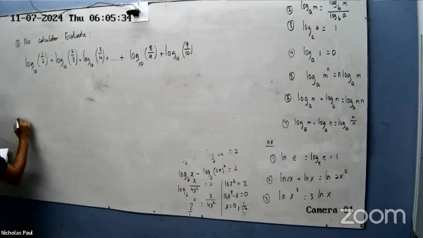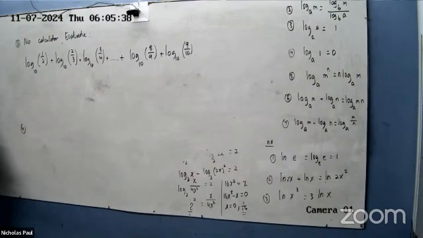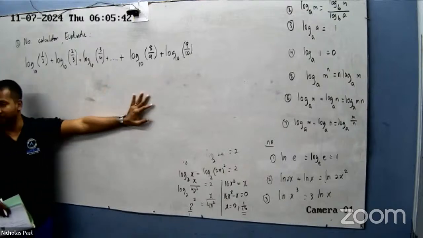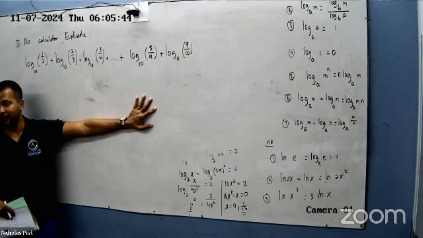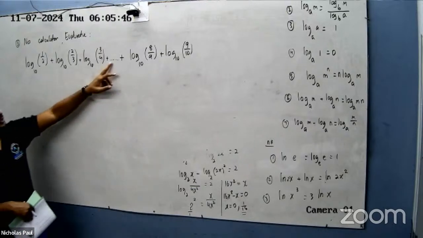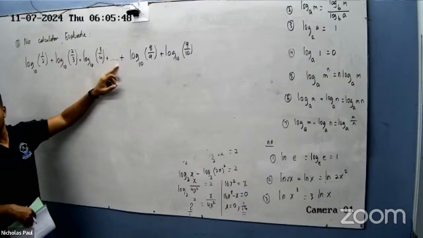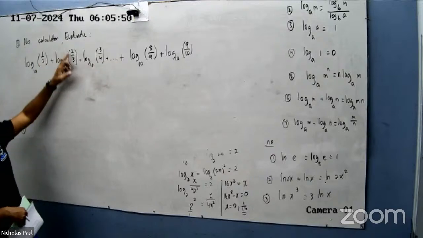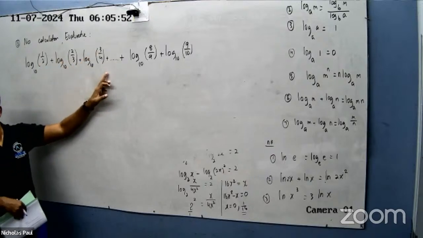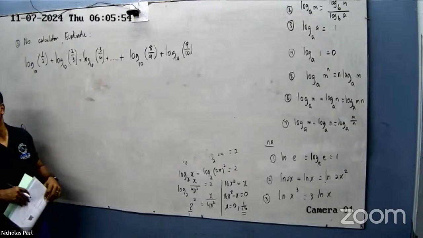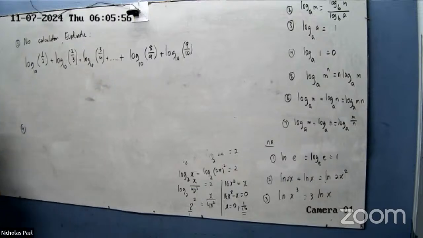No calculator. There is a way for you to simplify this. No calculator means all the bars in the middle, same pattern. Take the information and find a way to simplify it.